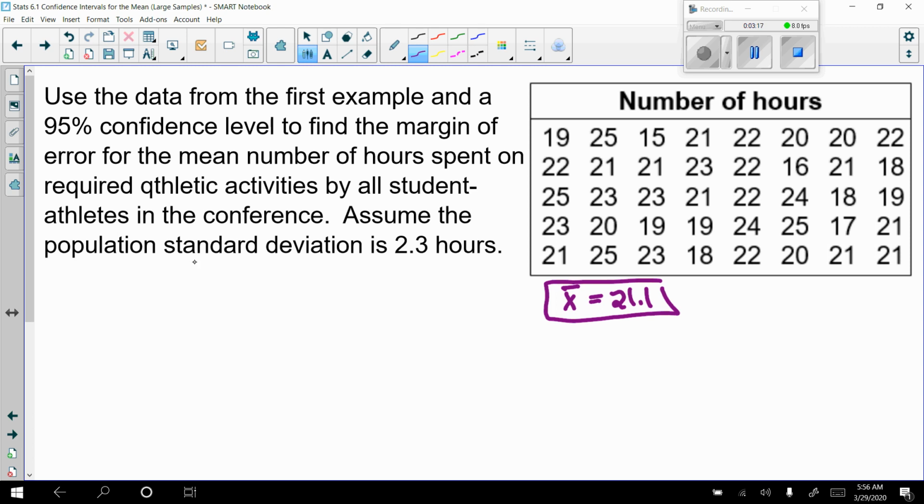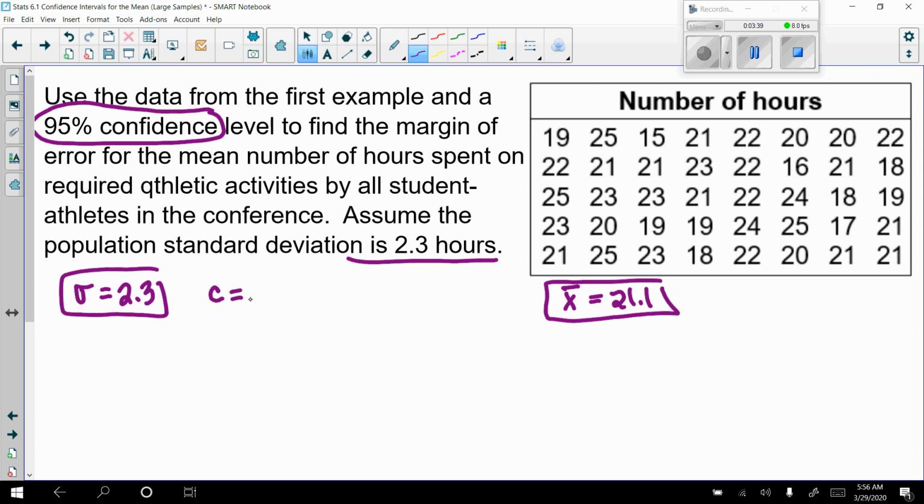Now, they're telling us that the standard deviation is 2.3 hours. We want a 95% confidence level. That's how confident we need to be. So C equals 95%, or 0.95.